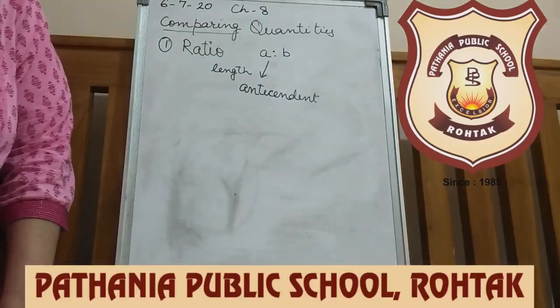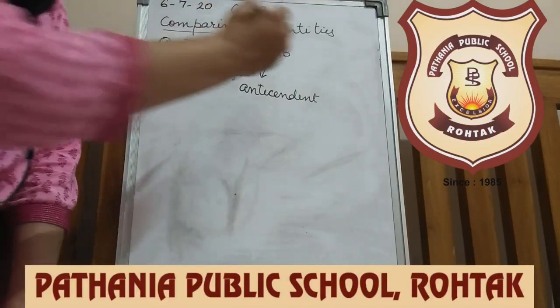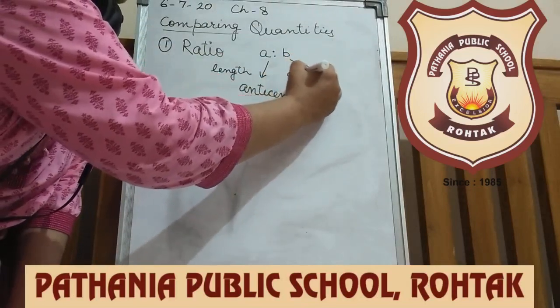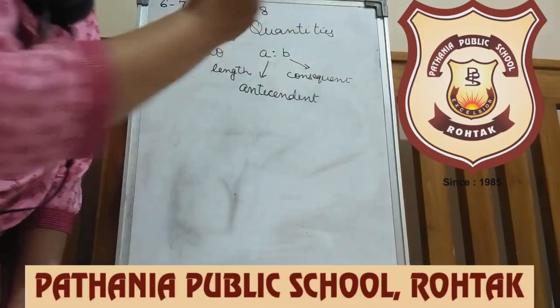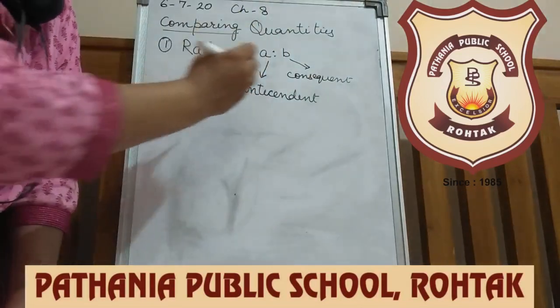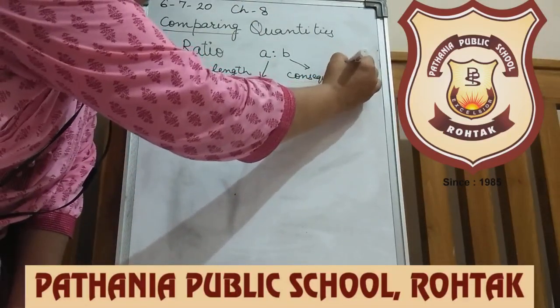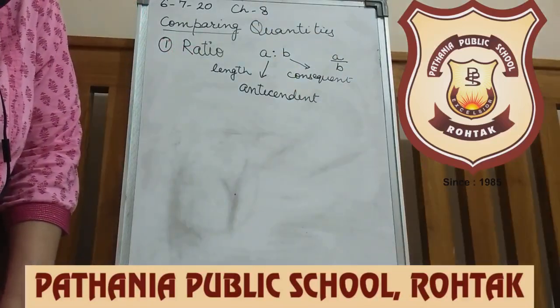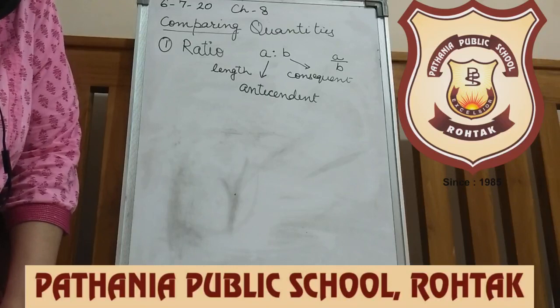The first one, which is written before the sign of ratio, is called antecedent, and the one which is written after, on the right hand side, is consequent. And you can write the ratio in the form of fraction as A upon B also, where A, the numerator, is the antecedent and B, the denominator, is the consequent. Is this clear?